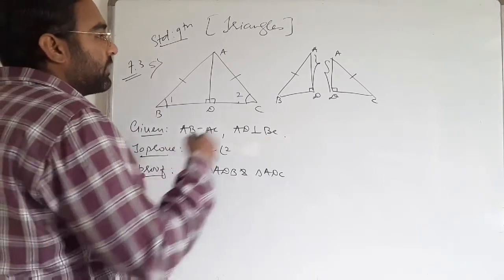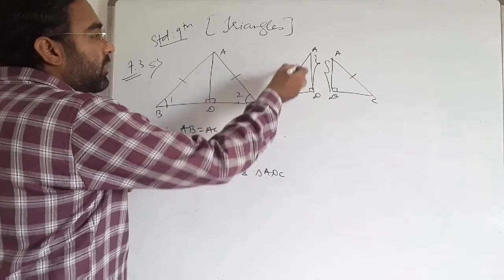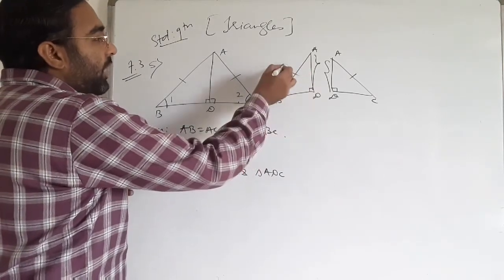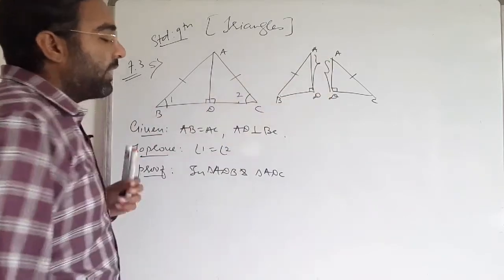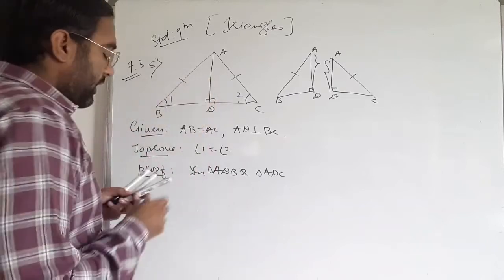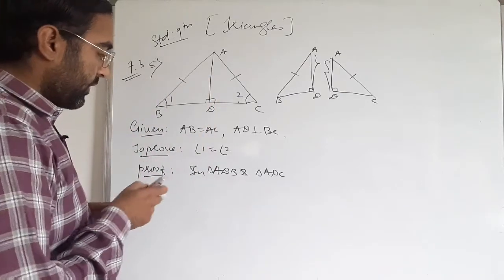So by the RHS congruency rule, that is right angle, hypotenuse and one side of the triangle are equal, both triangles are congruent.